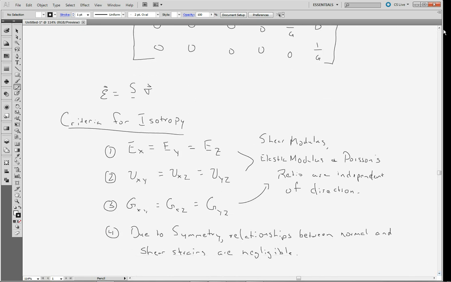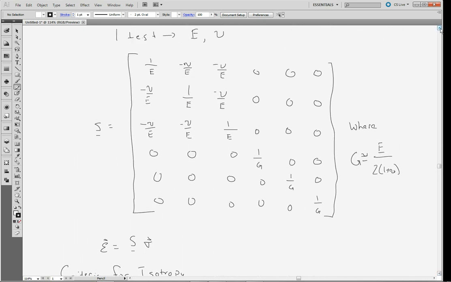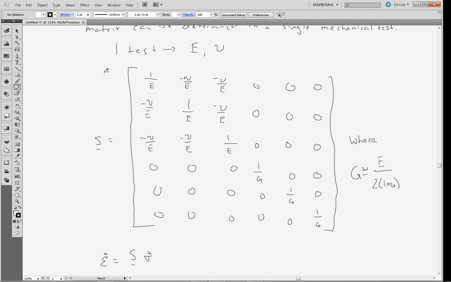All right. So before I move on to the more complex one, this is the thing I want you to remember. This is the thing I want you to jot down on your notes. Okay, what does an isotropic material property matrix look like?